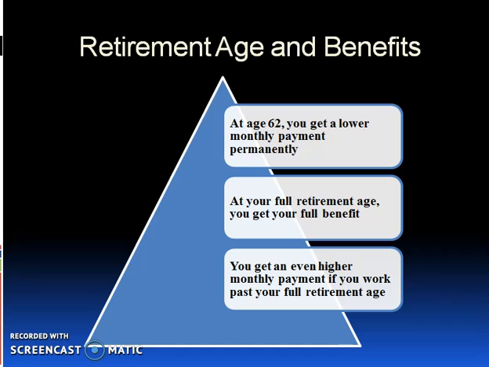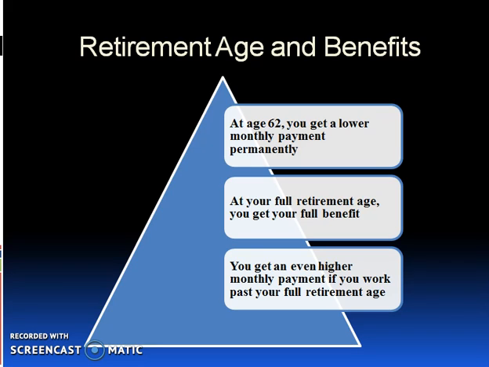So, retirement age and benefits. That's another good topic. One of the questions that could be addressed here is at what age you can start receiving retirement benefits. Traditionally, the full benefit age was 65, and today age 62 is the earliest you can start receiving retirement benefits.